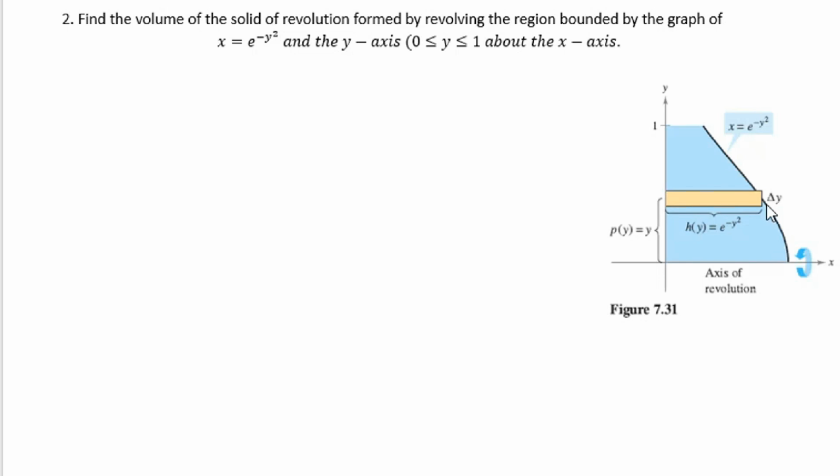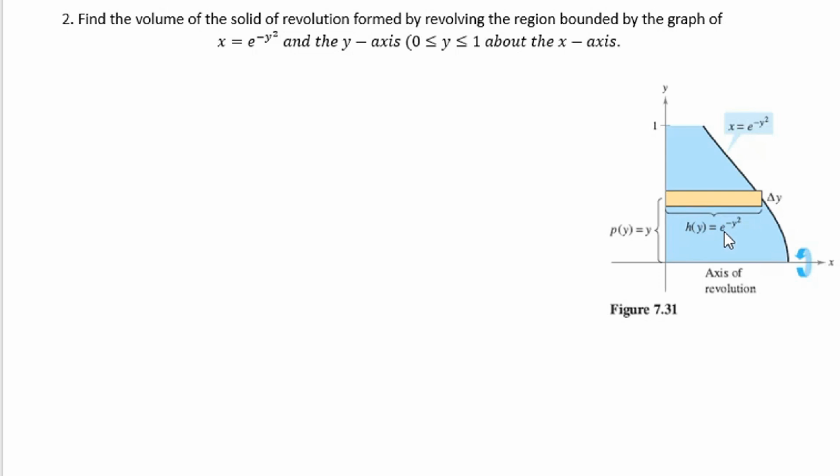The width, delta y, indicates that y is the variable of integration. Therefore, the distance from the center of the rectangle to the axis of revolution is p of y equals y, and the height of the rectangle is h of y equals e raised to the power of negative y squared.